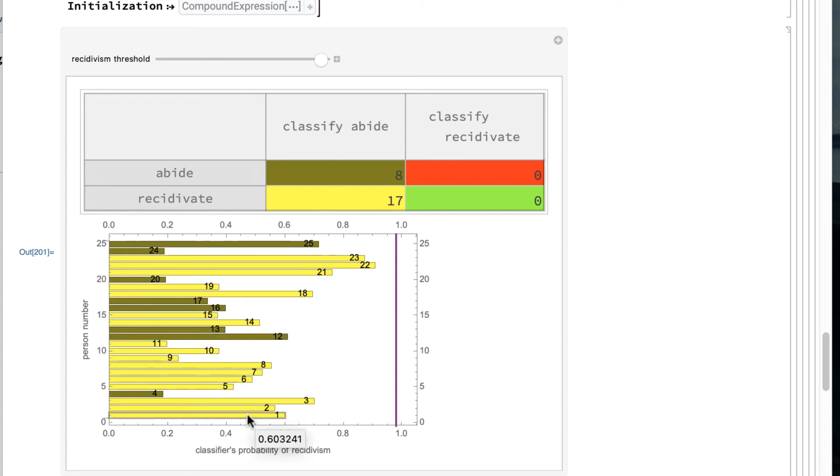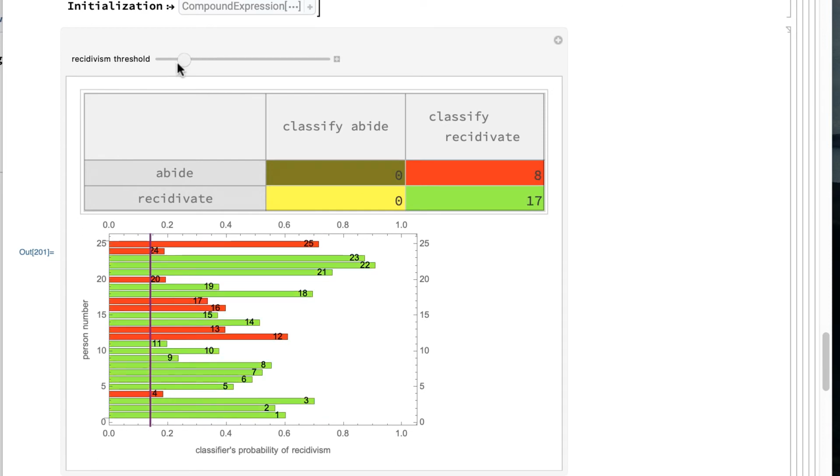And you'll notice that by setting the threshold very high, we have a pretty high number of false negatives here, of type 2 errors, whereas if I set the threshold low enough, now we're not saying anybody's going to abide by the law.